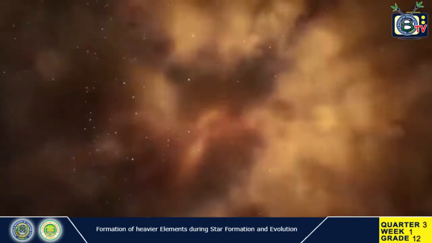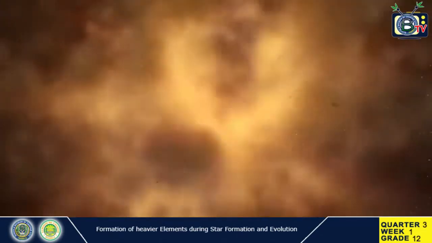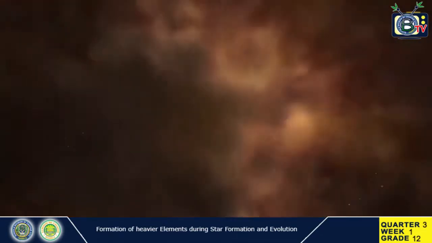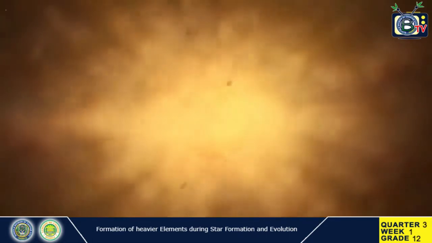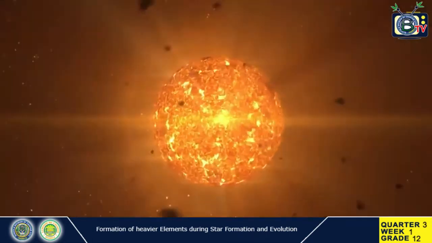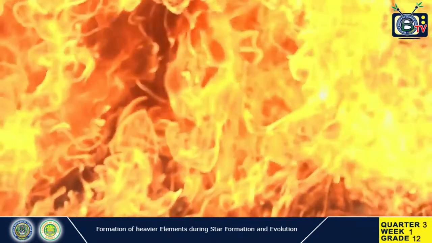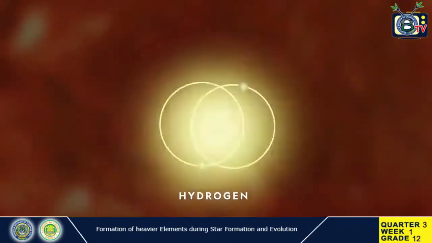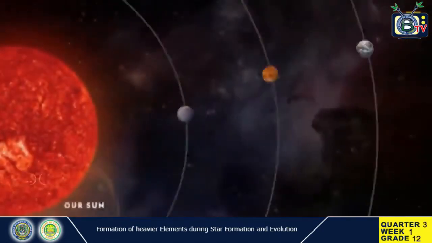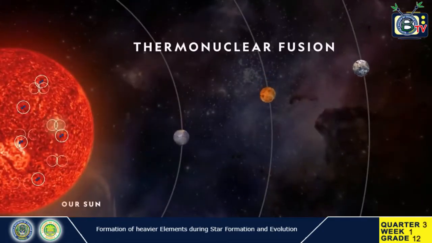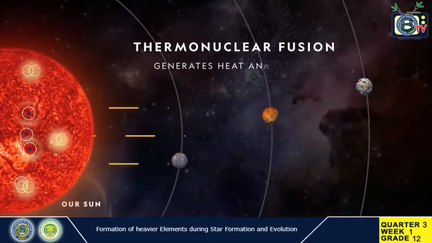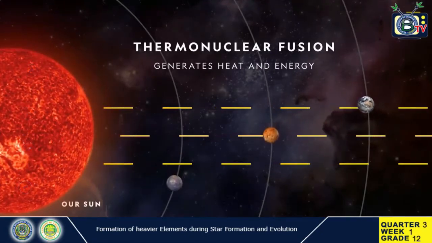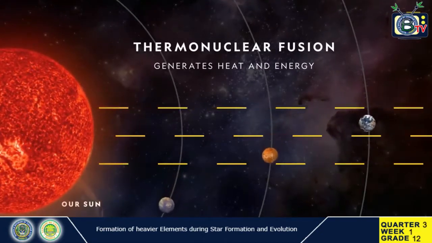Within these stellar nurseries, stars begin life as protostars, or hot cores formed by the collection and collapse of dust and gas. As the protostars become hotter, hydrogen nuclei inside of the cores begin to fuse and create helium. It is this chemical reaction, thermonuclear fusion, that generates a star's heat and energy and causes it to shine.